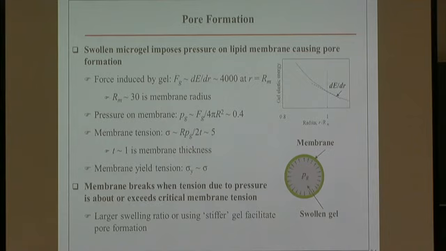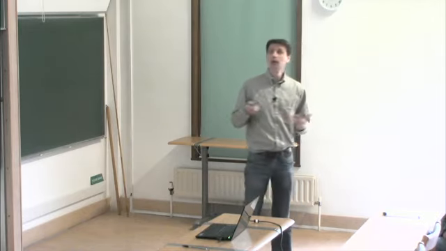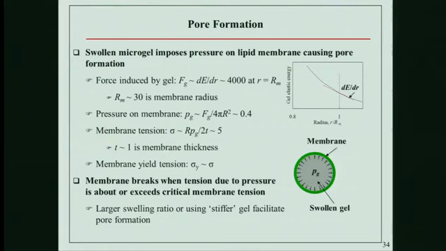If we take the data from our calculation, we can calculate, for example, the elastic energy and take the derivative. We can estimate the pressure created by the gel, and then use it to calculate what tension it will create in the membrane. Then we can see that they're about the same, which means this is indeed the reason for the membrane to break.